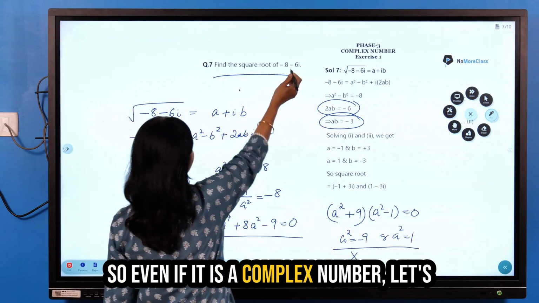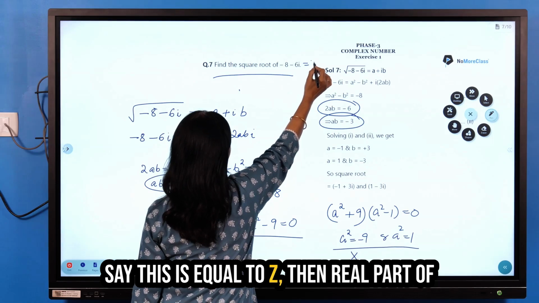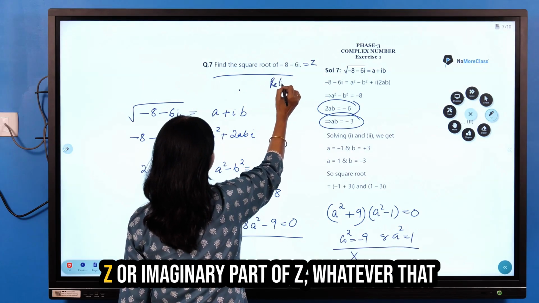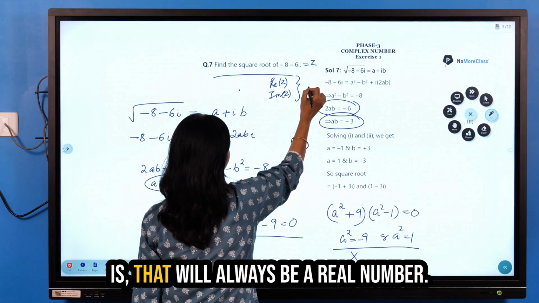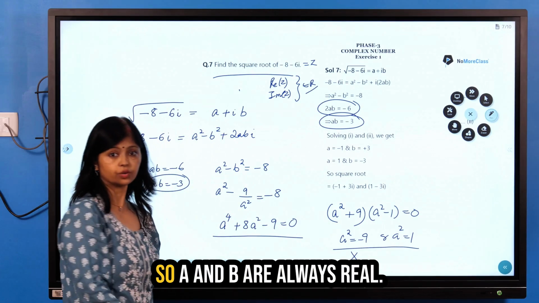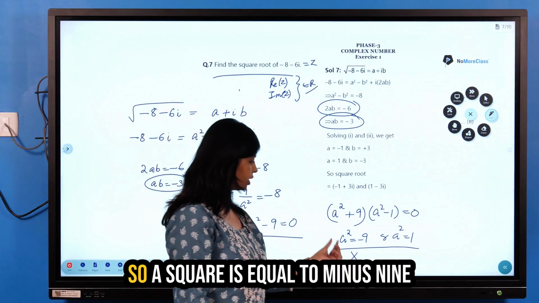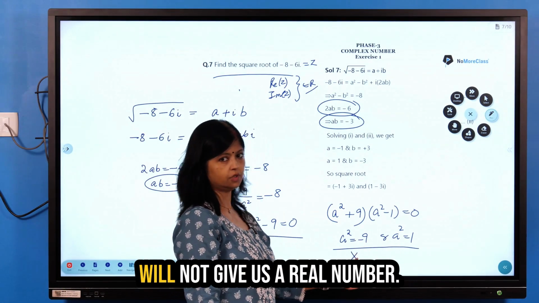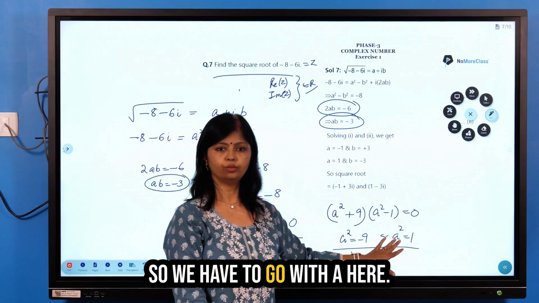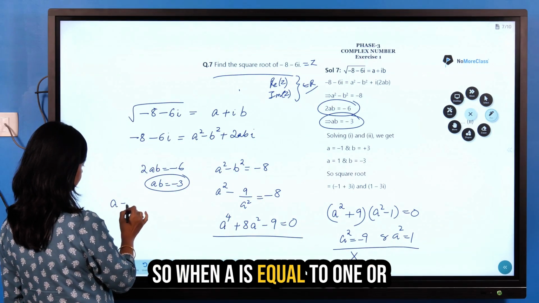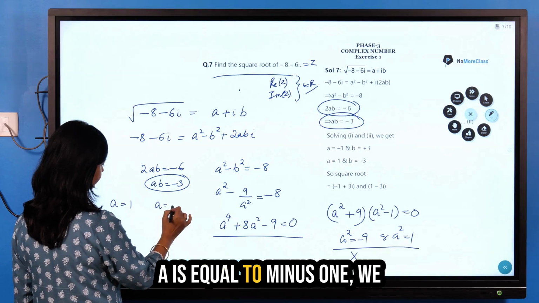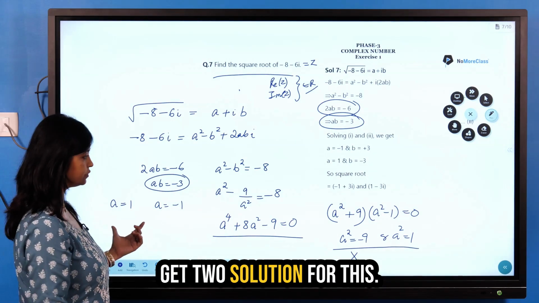So if z is a complex number, the real part of z or the imaginary part of z will always be a real number. So a and b are always real. a square is equal to -9 will not give us a real number, so we go with a square is equal to 1. When a is equal to 1 or a is equal to -1, we get two solutions.